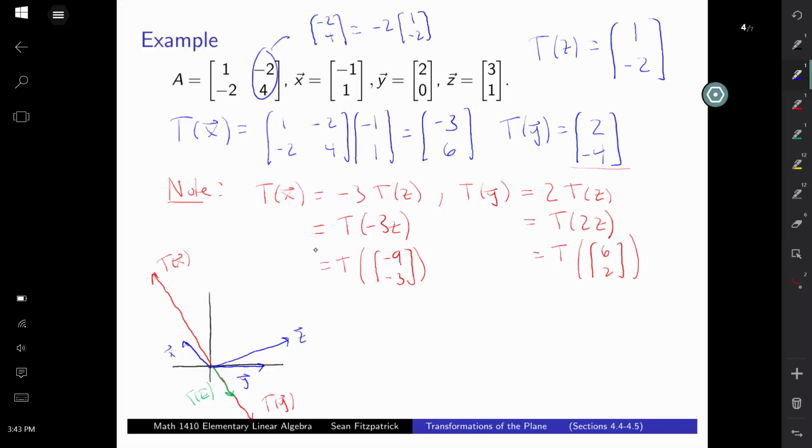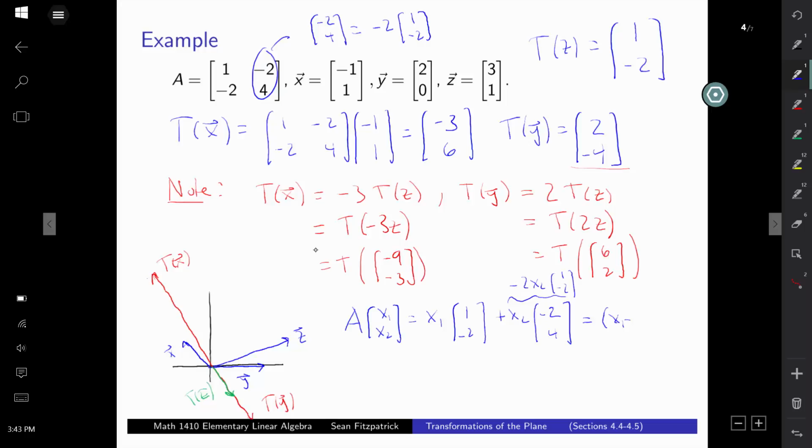In general, if I was doing A times (x1, x2), I would be getting x1 times (1, -2) plus x2 times (-2, 4). But since this is -2 times (1, -2), I get (x1 - 2x2) times the vector (1, -2). So everything is parallel to that vector (1, -2).